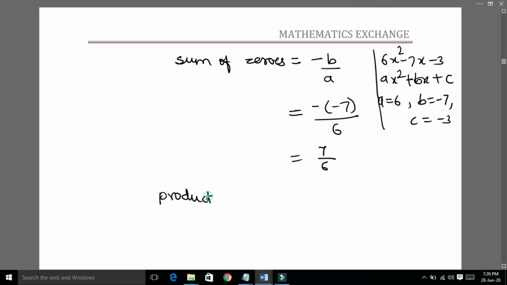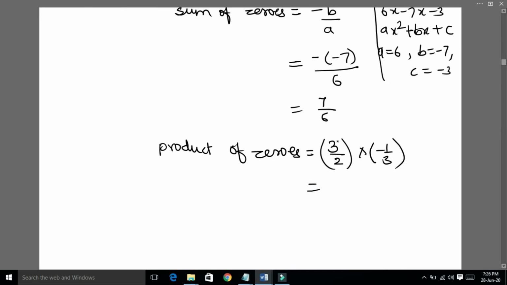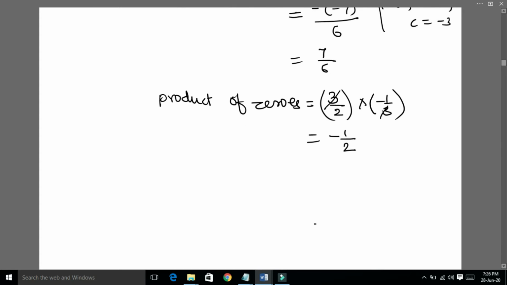Now we calculate the product of zeros. The zeros are 3 by 2 and minus 1 by 3. So the actual product is 3 by 2 into minus 1 by 3. Now these 3 and 3 get cancelled. So we get minus 1 by 2. Now the product of zeros by using the relationship, that is c upon a.